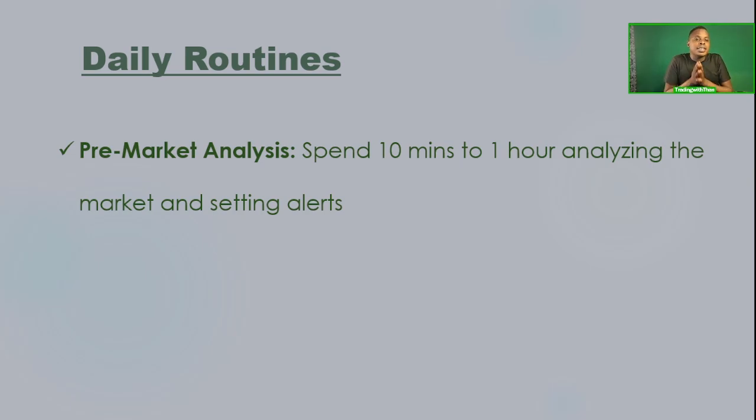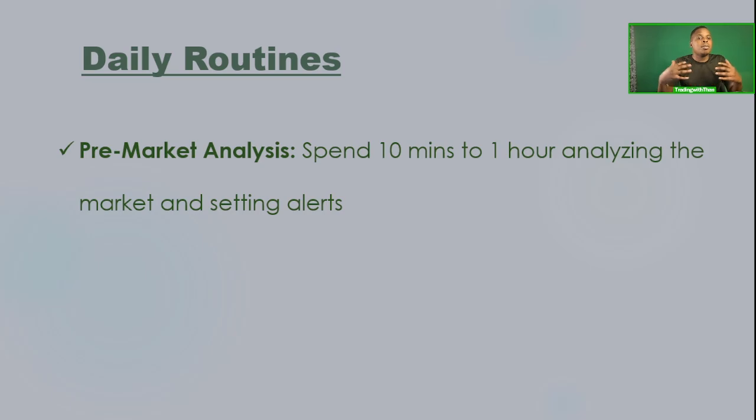As my daily routine, the first thing that I'm going to do, every day before the London session opens, is open the charts of my favorite trading pairs, which are basically the major pairs: USD JPY, GBP USD, and also sometimes EUR USD. I'm going to be looking at those markets on the 1 hour time frame and seeing how far the market is from my zone.